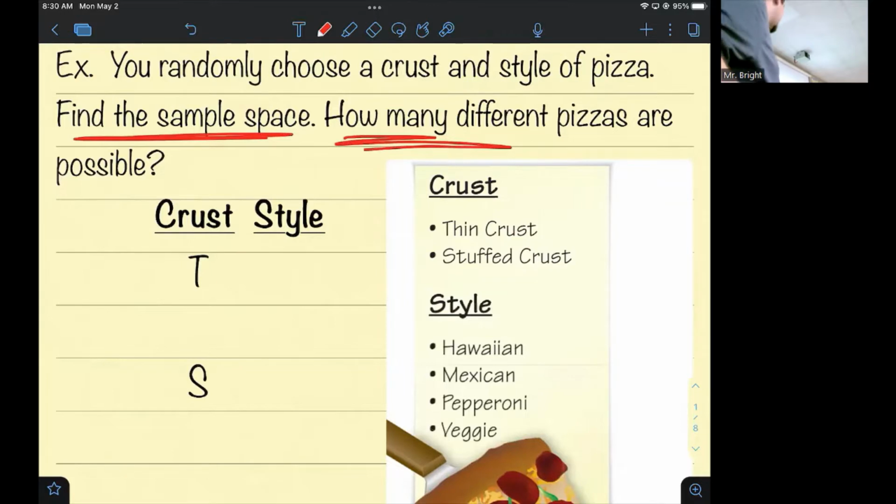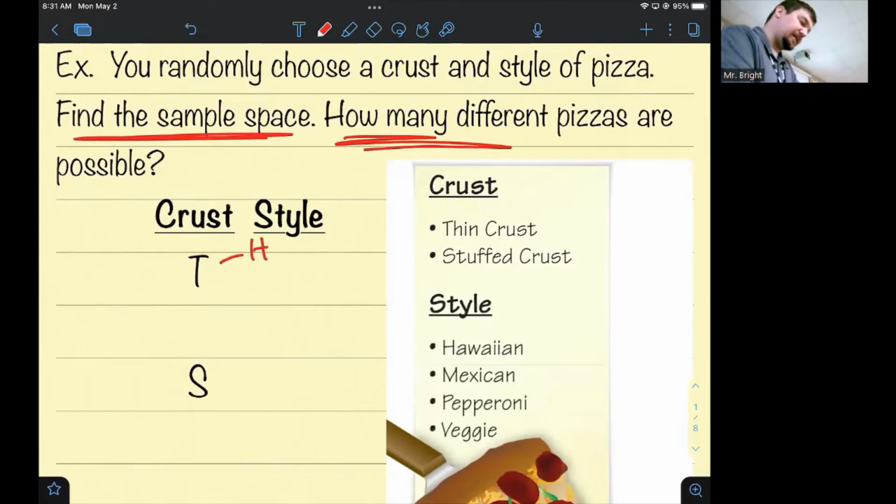So to find the sample space, we're going to use a tree diagram, and I like tree diagrams because I can just use the first letter of the word. T stands for thin crust, S stands for stuffed crust. And so after I choose my 2 crust options, I can then choose one of the styles. They've got Hawaiian pizza, which we're just going to use an H for that.